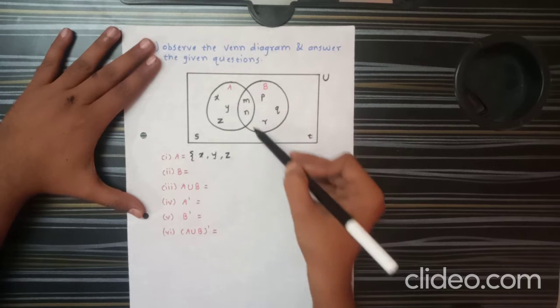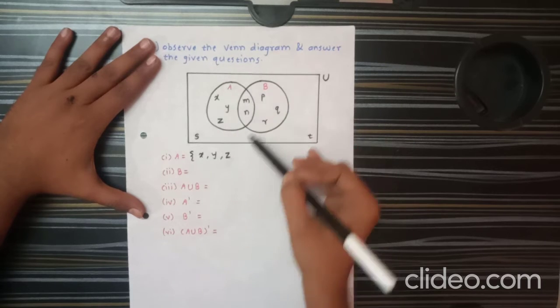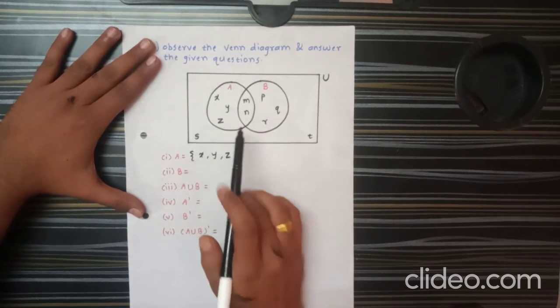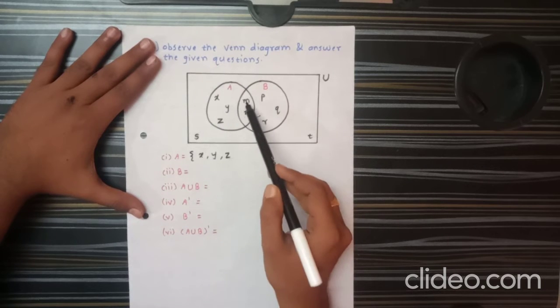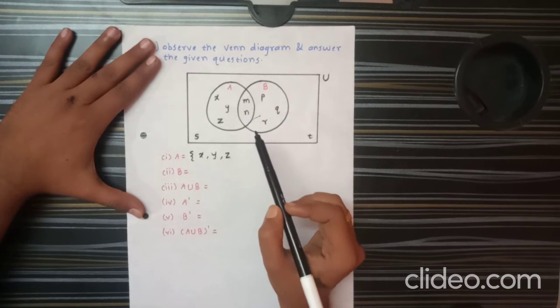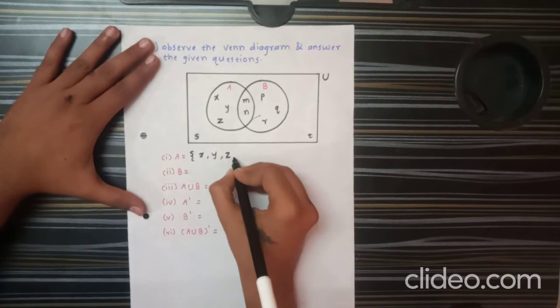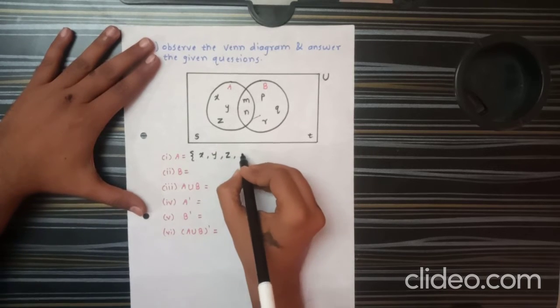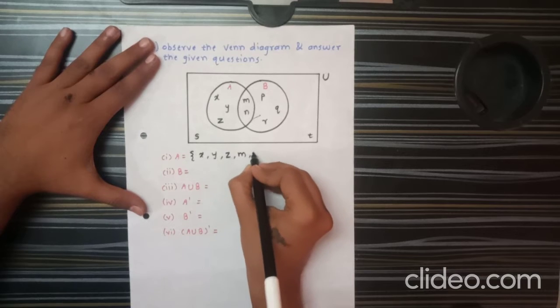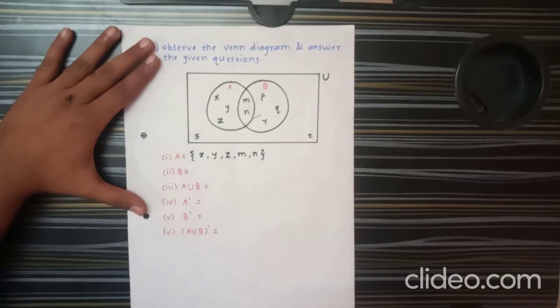Though they are part of set B too, they are part of set A also. That's why these two elements M and N are called intersection elements, because they are present in both the sets. So while writing set A, M and N will be included.